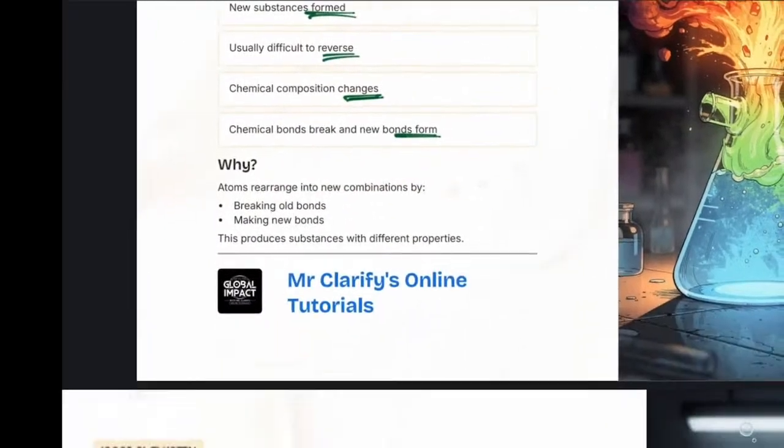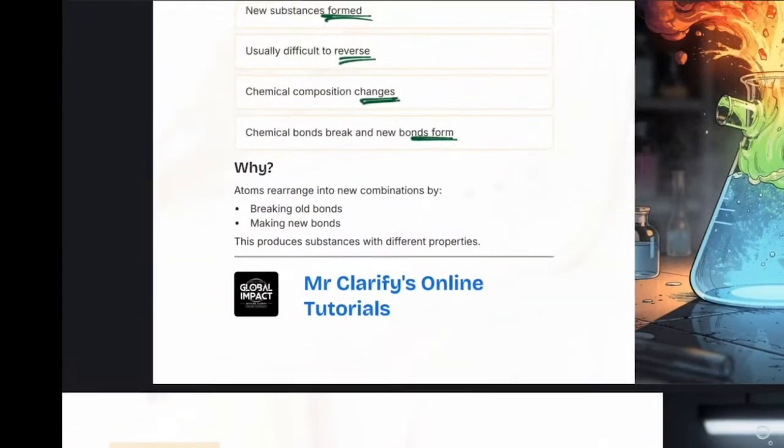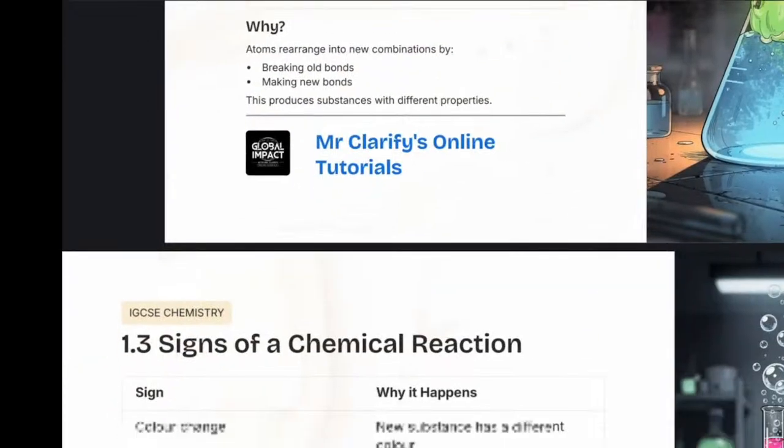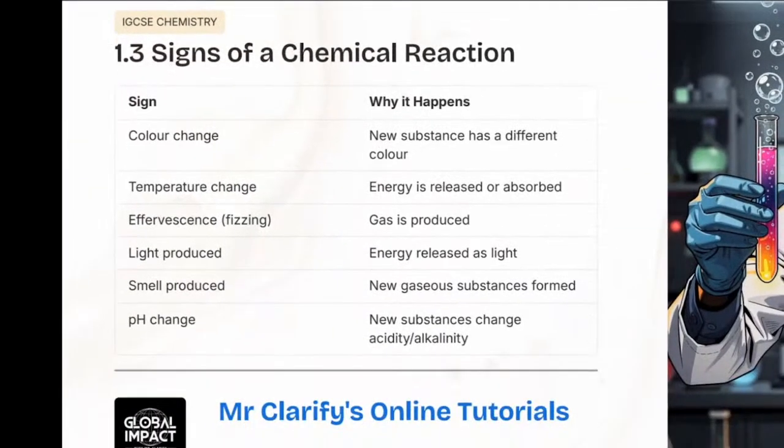But now, when you have a reaction, we say that we have a new substance formed. Now, when a new substance forms, you can have signs. You can have things that you will use to know, oh, a reaction has just happened: color change, temperature change, smell produced, light produced, fizzing, effervescence.